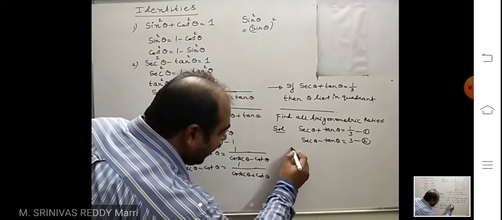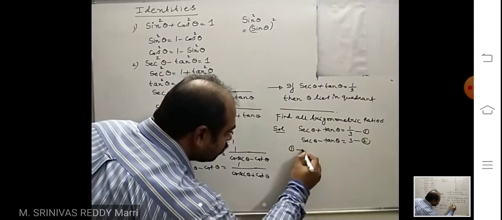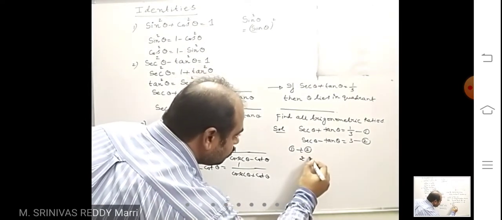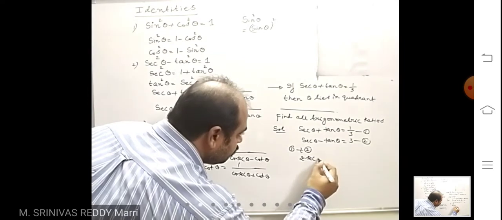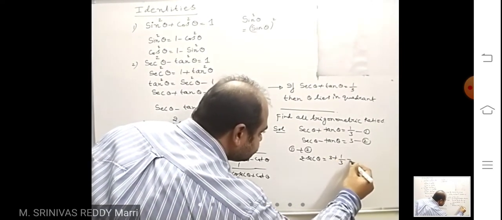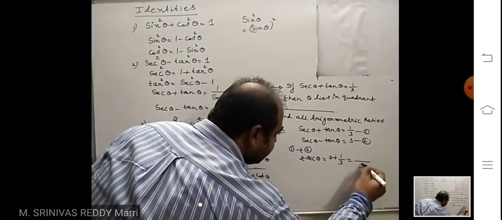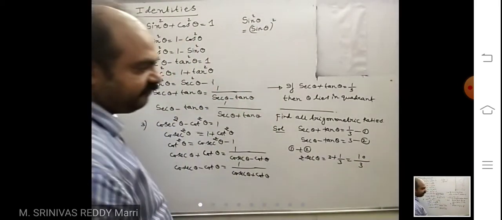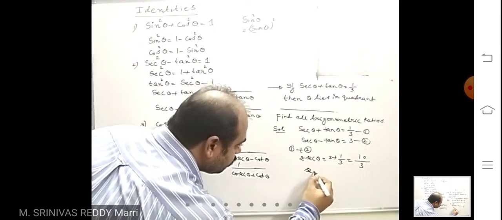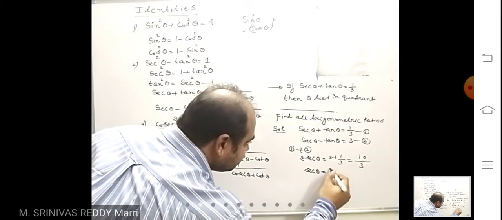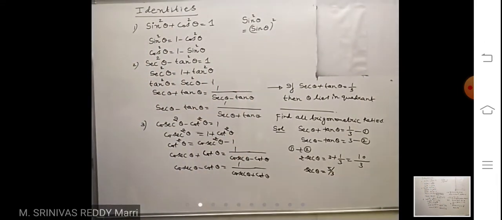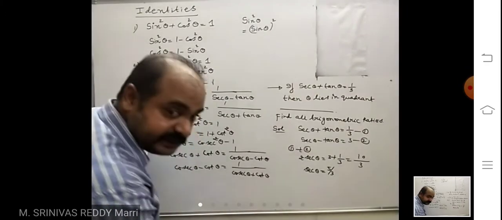So therefore, if we add 1 and 2, you will get 2 secant theta equal to 3 plus 1 by 3. If you take the LCM, 9 plus 1, you will get 10 by 3. Therefore, secant theta is nothing but 5 divided by 3.